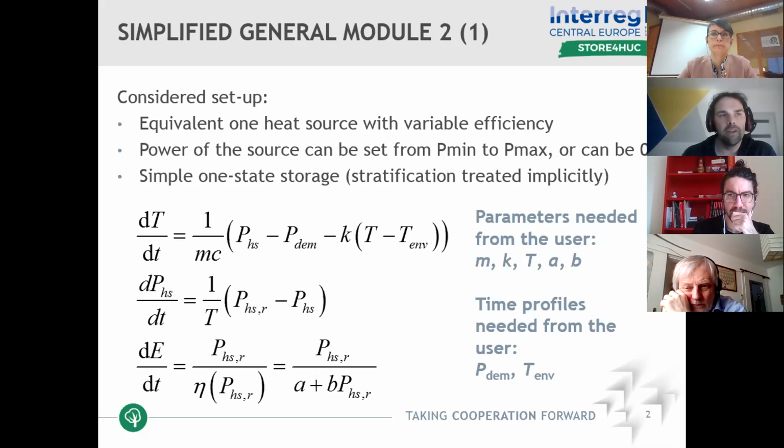So the heat would be dissipated to its environment. These are the three contributors here that determine how the temperature of the storage behaves.